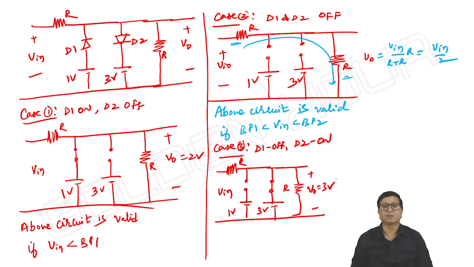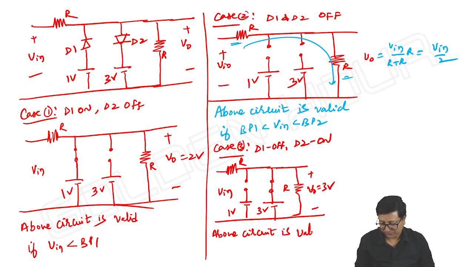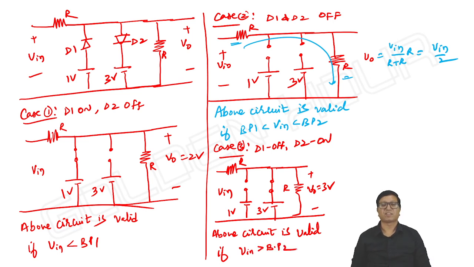It is equal to 3 volts. Then this circuit, if input is greater than breakpoint 2, that's it. Now let us find the two breakpoints.